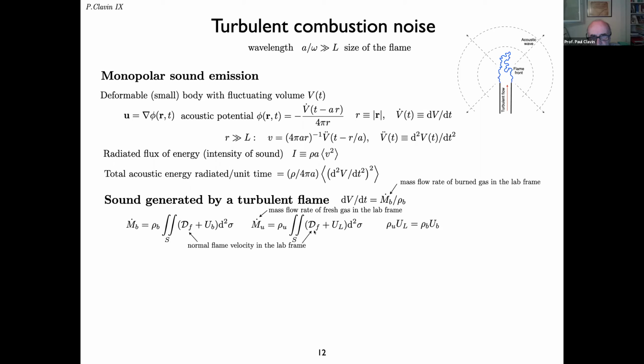If you use this expression, rho b ub equals rho u ul, you obtain this, in such a way that the derivative of the velocity, dV over dt, is the mass flow rate of fresh mixture divided by rho u, plus the surface multiplied by the difference of velocity.